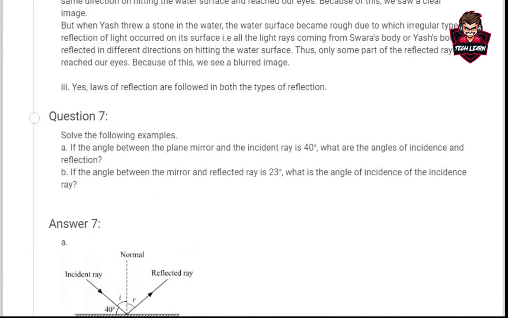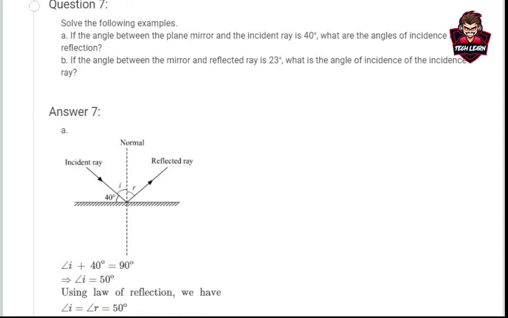Solve the following examples. A. If the angle between the plane mirror and the incident ray is 40 degrees, what are the angles of incidence and reflection? So answer of question number 7A. So the plane mirror is this and the incident ray is this.